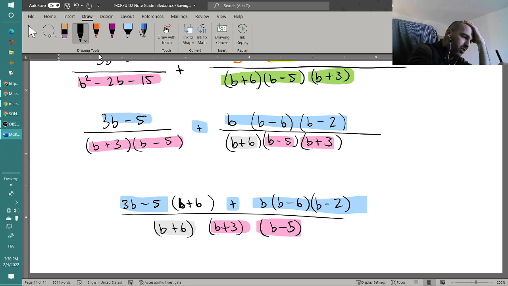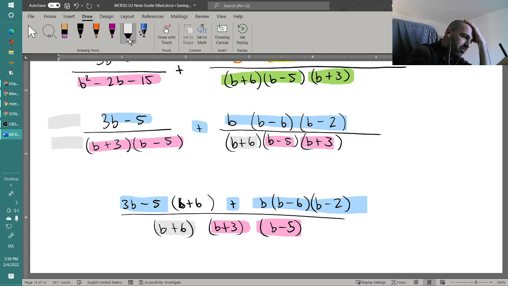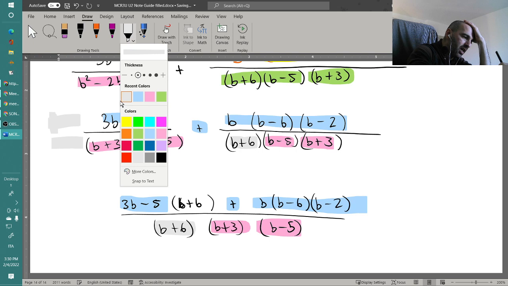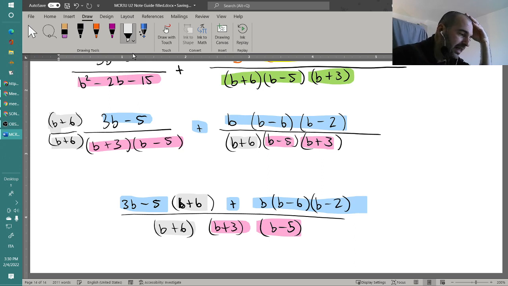Why? Because over here, if we go back to what we were doing before, it's like I'm taking a b plus 6 and multiplying it into the numerator and the denominator here. And it basically produces my like denominators.